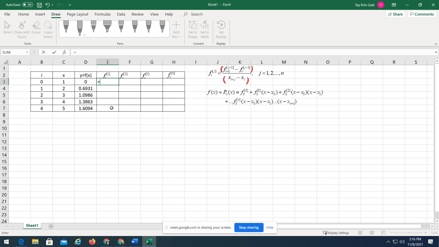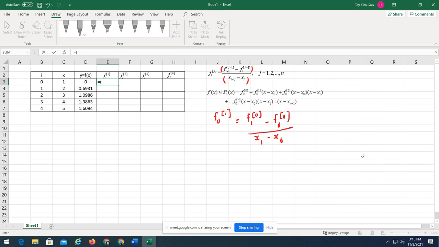Type in equal. The numerator has two terms, so make sure you put a bracket. I'll put in the first formula for you to see. F01 means the F0 at the first level depends on F1 of the previous level, F10 minus F00, divided by 0 plus 1, so x1 minus x0.